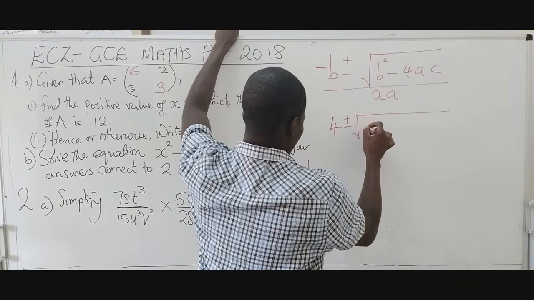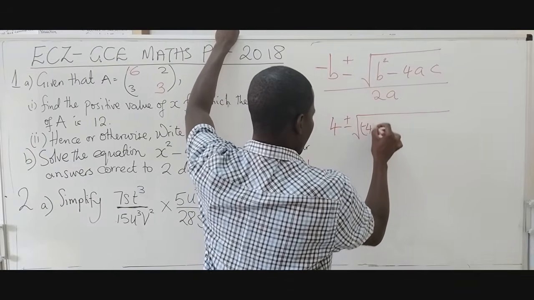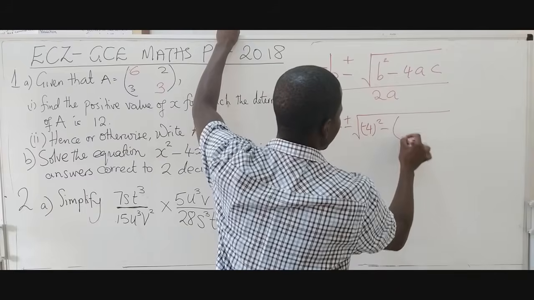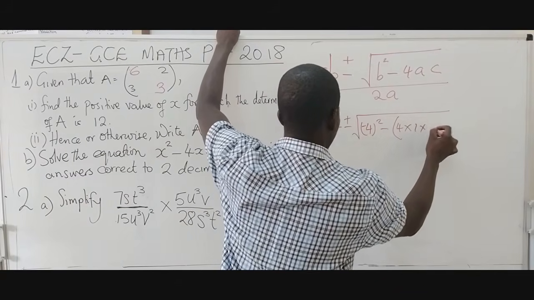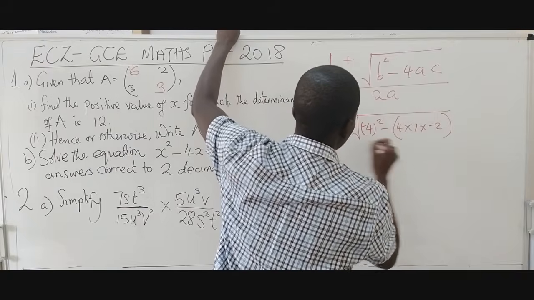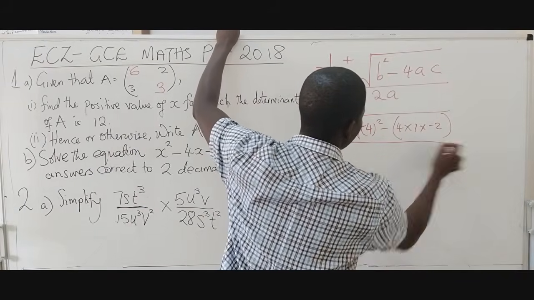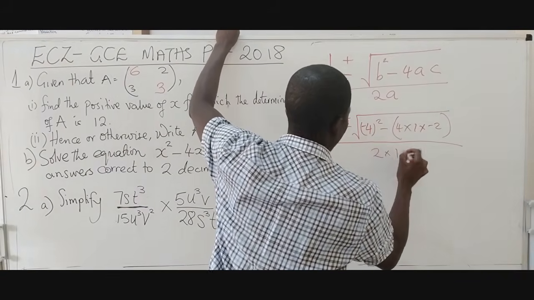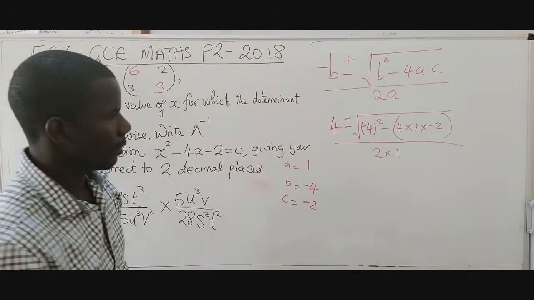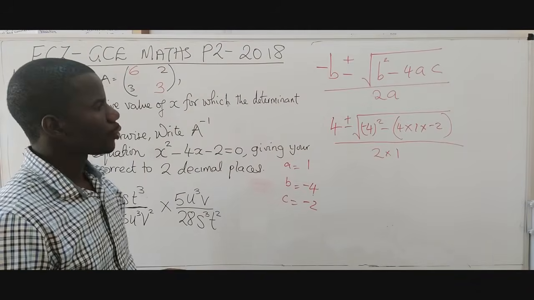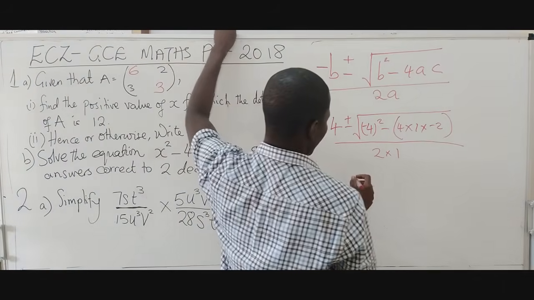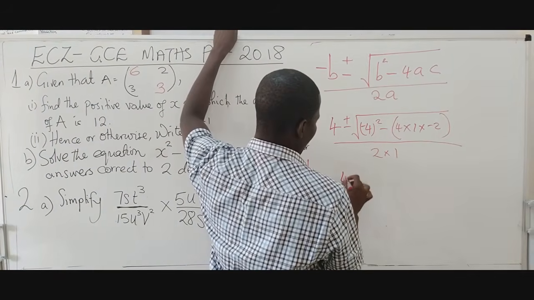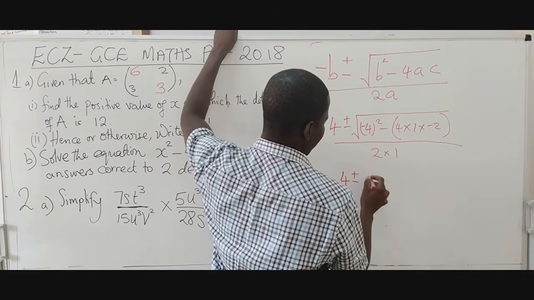You square negative 4 again here, minus 4 multiplied by A. What is our A? 1, multiplied by negative 1, divided by 2 multiplied by 1, which is our A. So now, at this point, what we are supposed to do is to deal with the 4 plus minus.